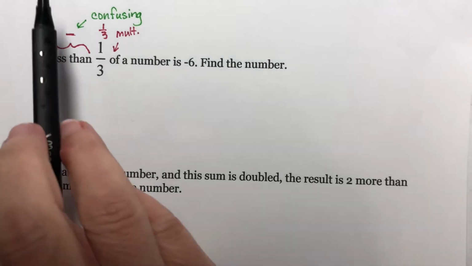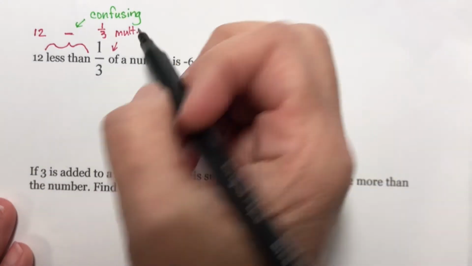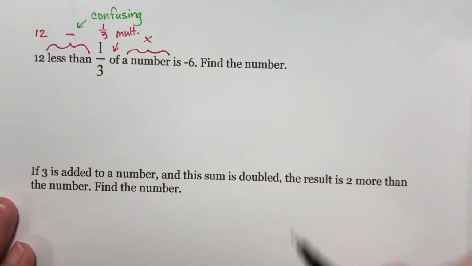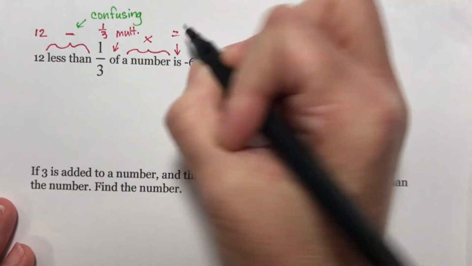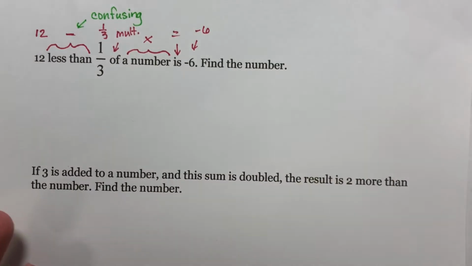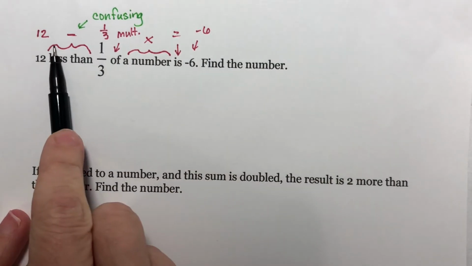Okay. So I have 12 less than 1/3 multiplication of a number. Well, that's what we're looking for, so let's call that x, equals -6. Okay, so we have basic translation.